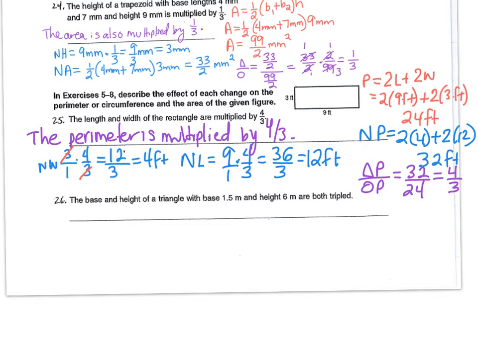Okay. So now let me go ahead and find the area. So the area, let me get the original area. What's the formula for the area of the rectangle? Base times height, or length times width, right? So the length is 9, the width is 3, so the area is 27, and it's 27 square feet.